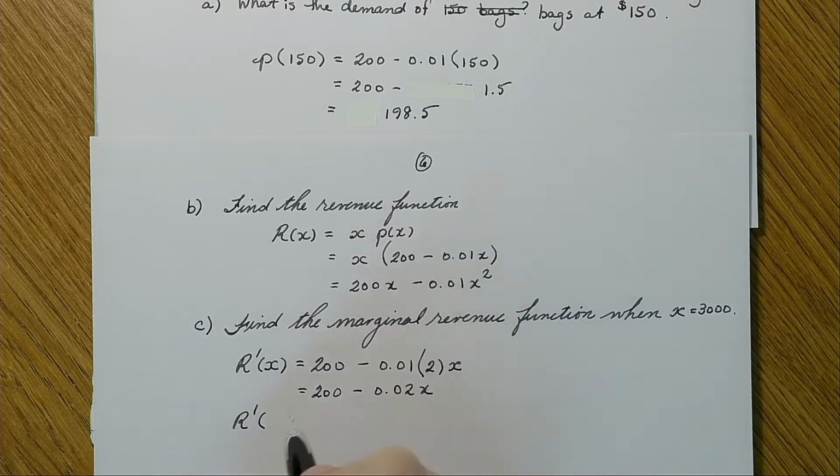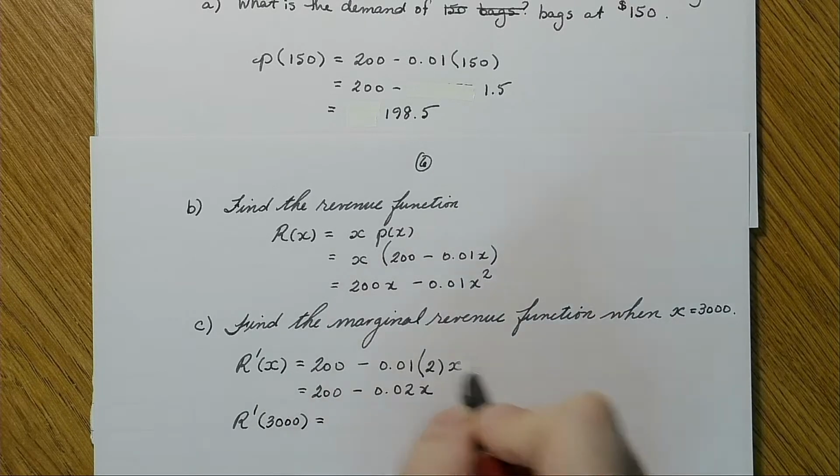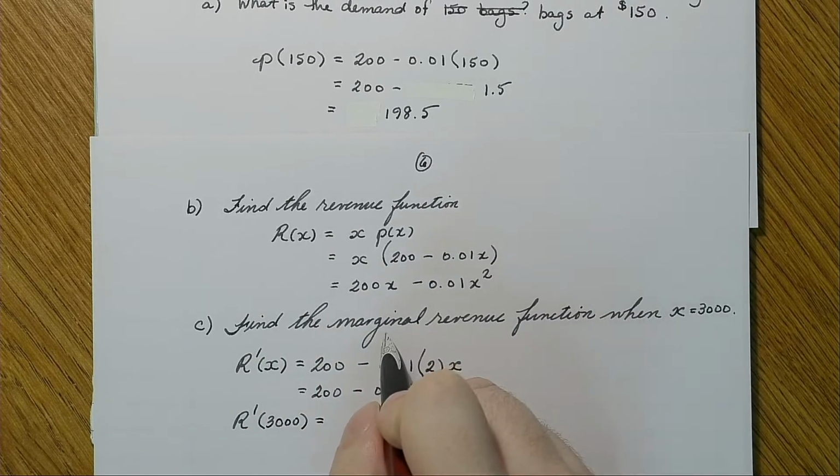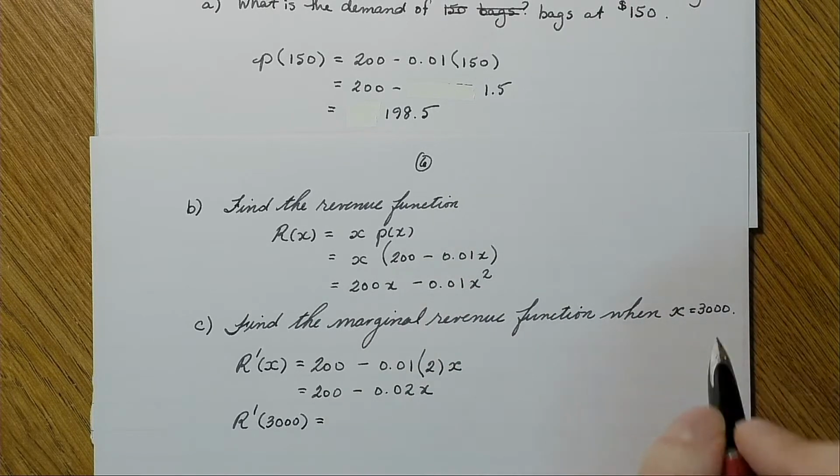Then, substituting the value 3,000 into the derivative, because that's what we want, we're going to find the marginal revenue at x equals 3,000.